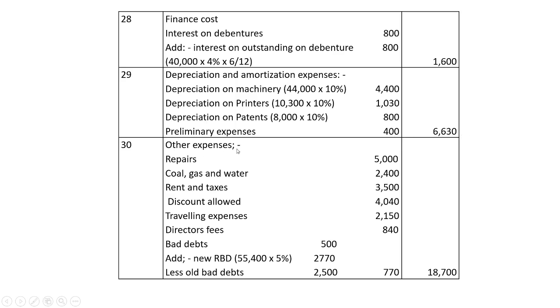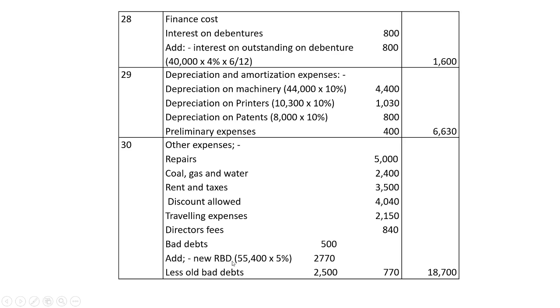Coming to other expenses, there repairs 5,000. In the problem repairs 5,000 was given. Coal, gas and water 2,400. Rent and taxes 3,500. Discount allowed 4,040. Traveling expenses 2,150 and the director fees is 840. And coming to bad debts, here bad debts given is 500. To that add new RBD.